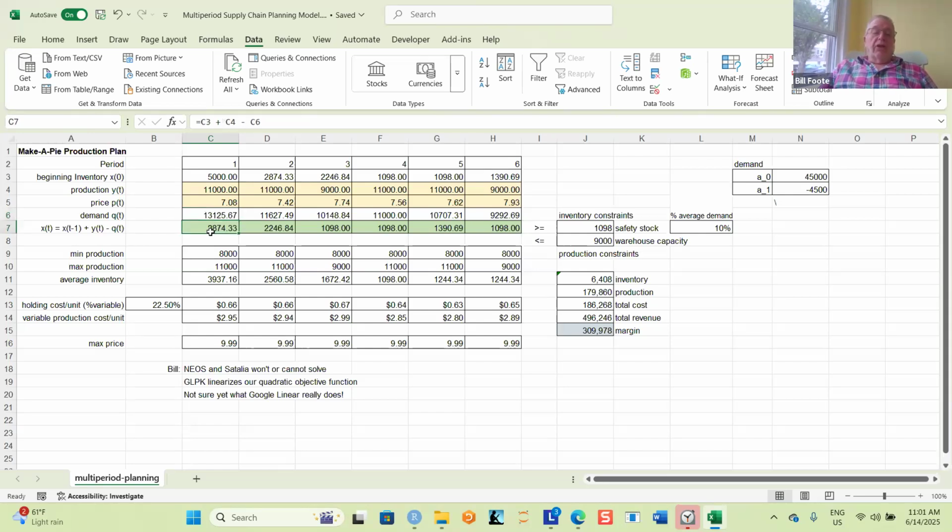And at the bottom here, we get end of period. That's x_t equals x_{t-1} plus y_t minus demand q_t. Then we shift this number up here. It becomes the beginning of period 2. End of period 1 is beginning of period 2. We go through the same stuff all over again.